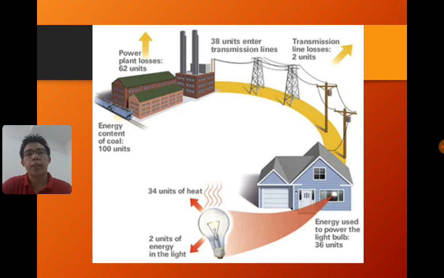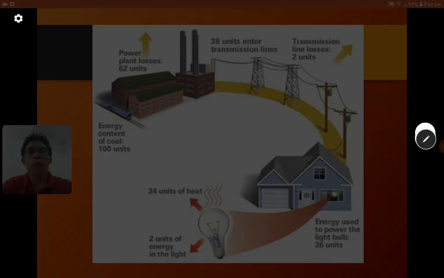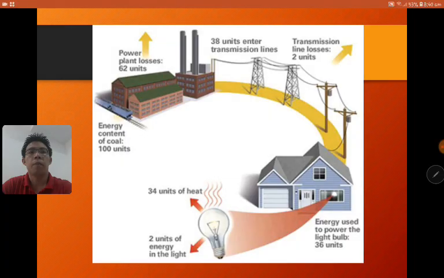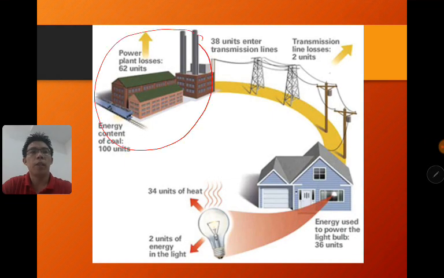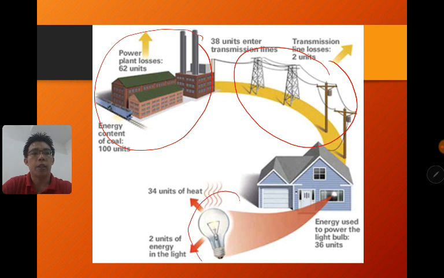Let's look at another example here. Here is the transmission of power from the power plant to a lamp in the house. If you look at it very carefully, there are three systems here. One is the power plant, one is the transmission cable, and one is where the electrical light bulb is trying to make use of the energy.